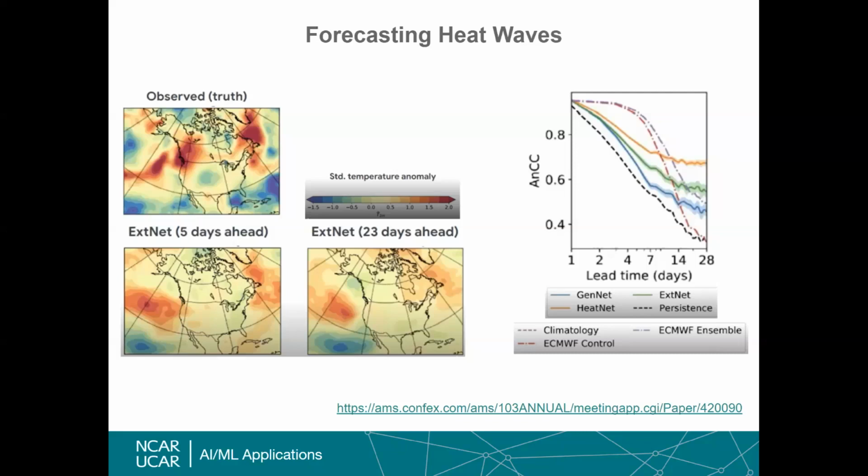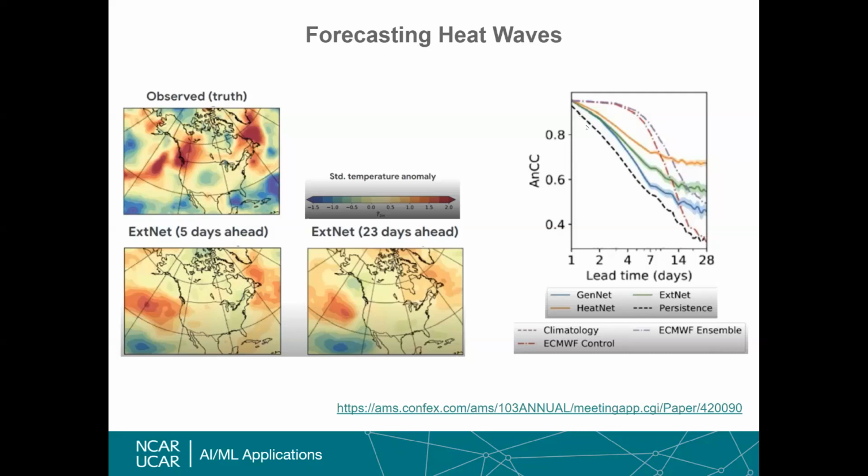They're perhaps not getting the right location, but they're forecasting this. And so these aren't really the ones I want to focus on here. What I want to focus on here is this graph on the right. This is the correlation coefficient, so a bit of a measure of forecast accuracy.